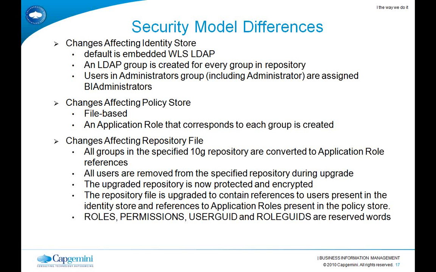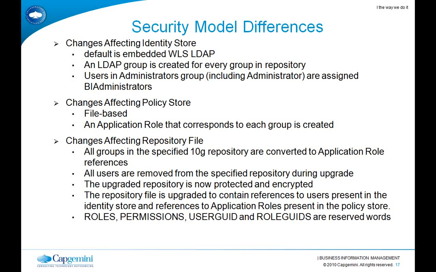The repository file is upgraded to contain references to users as well as to the application roles. What that means is that if you open your repository file, you will see users in there, even though you cannot maintain or manage users within it.